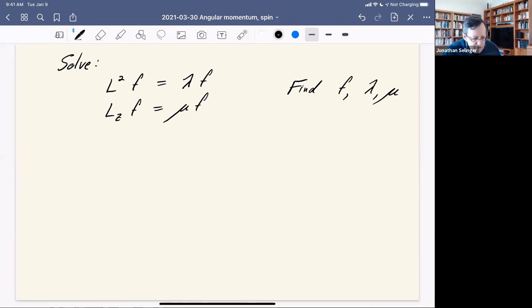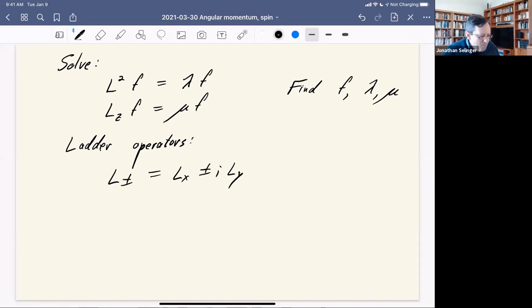As our trick for doing that, we use ladder operators, which are L plus and minus, that is Lx plus or minus i Ly.